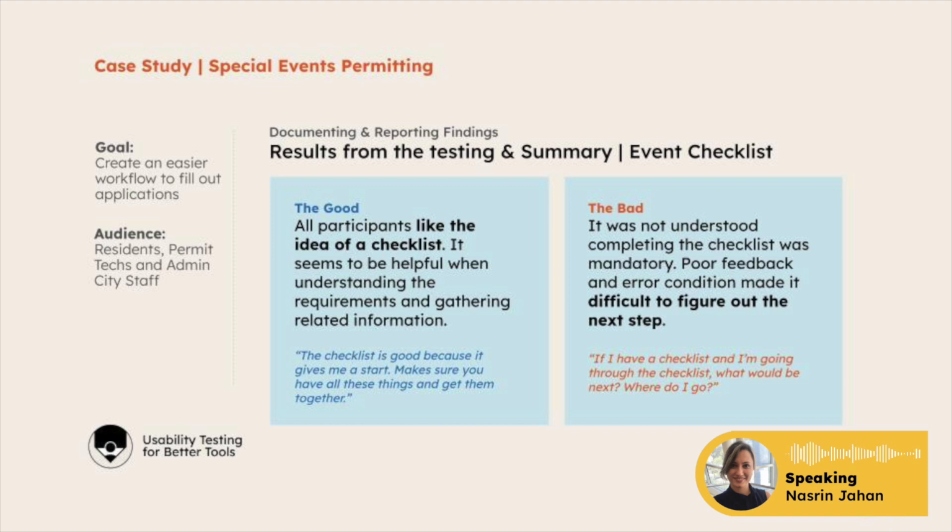The bad part was that it was difficult to figure out the next step. None of the participants could find the button because it was not at the bottom, and they didn't know that they have to click all of the questions to reveal the button or to go to the next step.